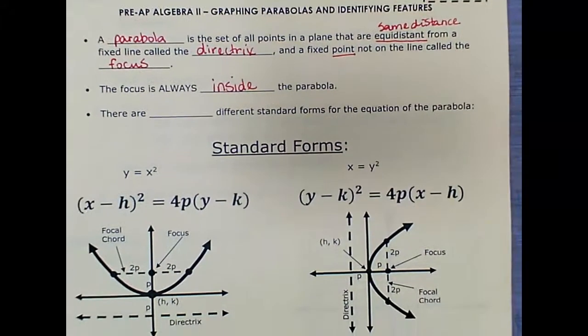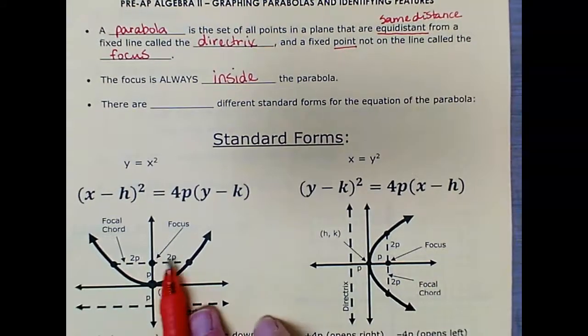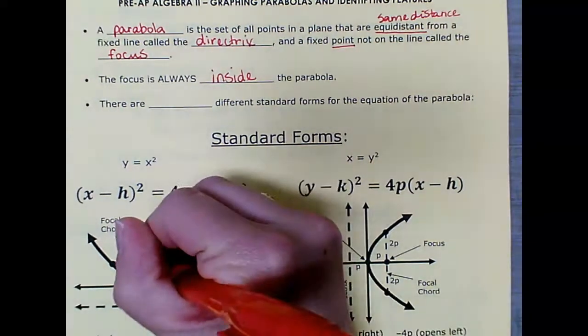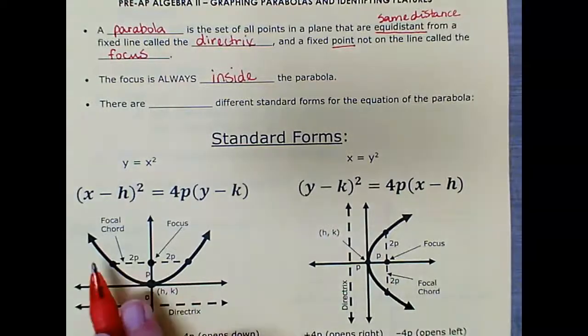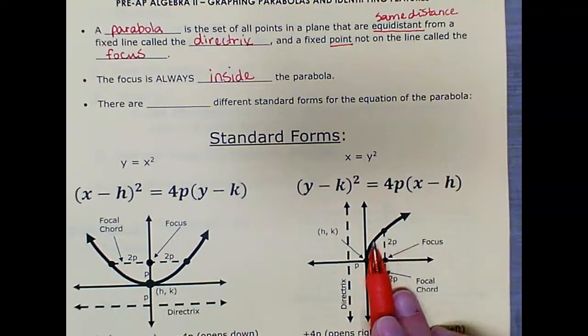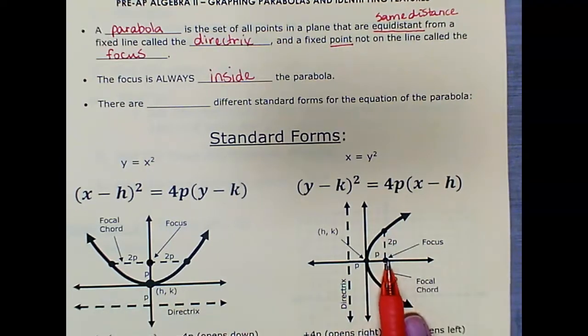So if I look at my two pictures here, focus is right here. So it's a point that's inside of the parabola. In this type of parabola, the focus is here, again, inside of the parabola. So it's kind of like in the cup of the parabola.